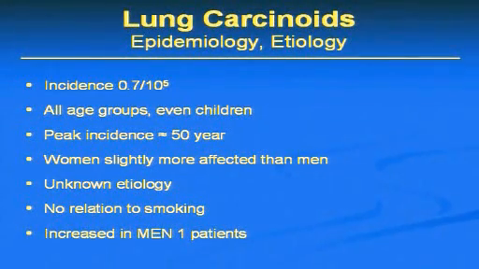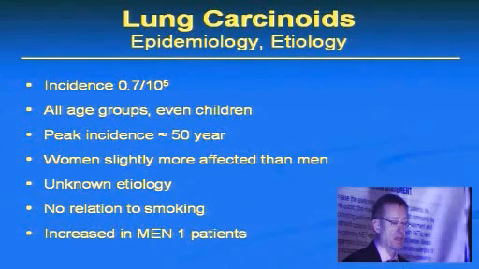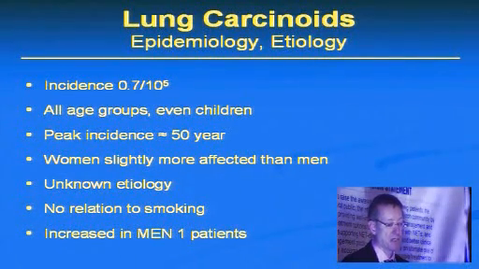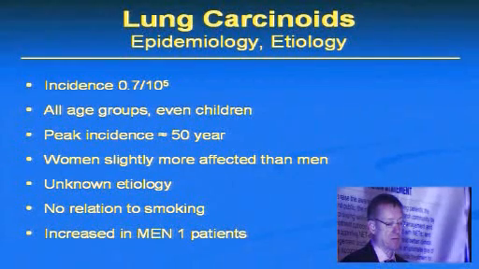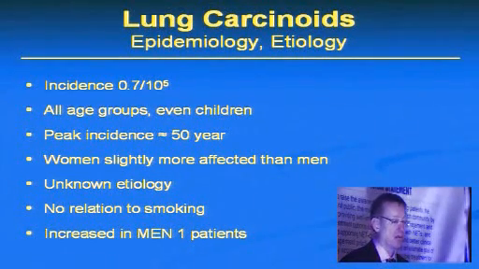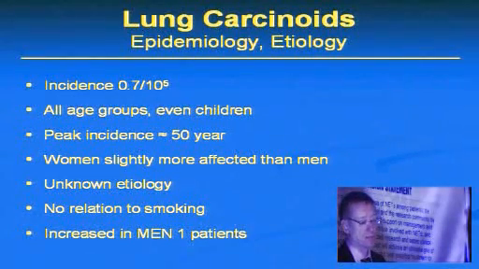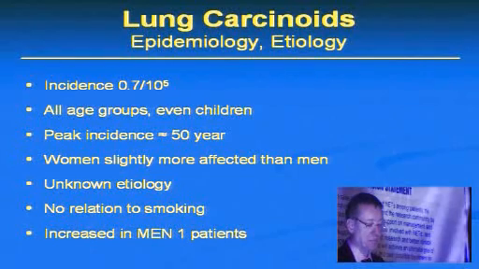This is an uncommon tumor, although the incidence is increasing. It's about 0.7 per 10^5. All age groups are affected, even children, where it's the most common tumor. However, the peak incidence is around middle age. Women are slightly more affected than men.